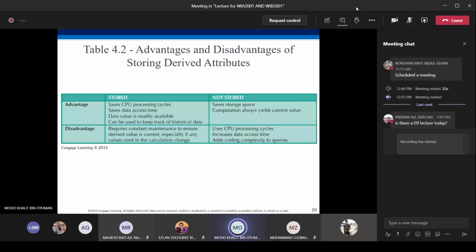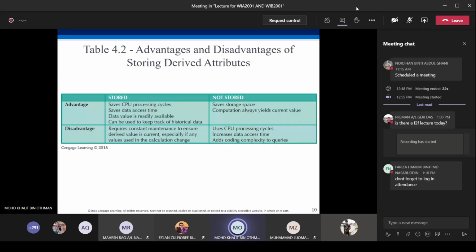This table shows the advantages and disadvantages of storing or not storing the derived attribute in the database. For example, an advantage of storing the derived attribute in the database is that it saves CPU processing cycles. We also have saved data access time, data values readily available, and so on. I hope you can read and understand the advantages and disadvantages of storing or not storing the derived attribute in the database.